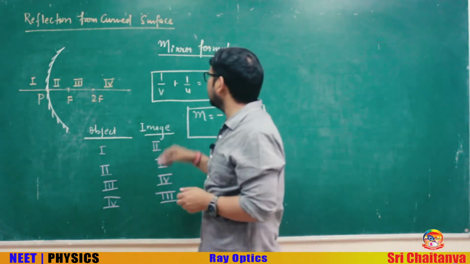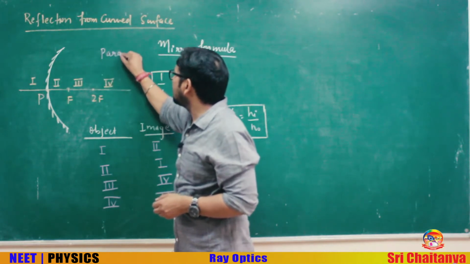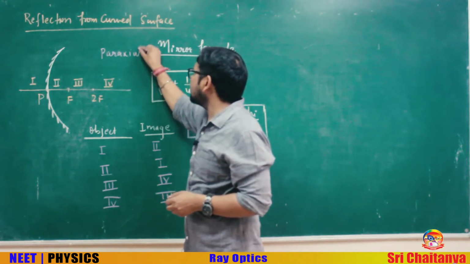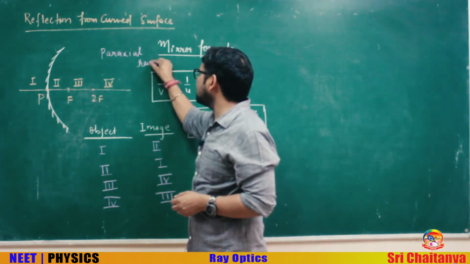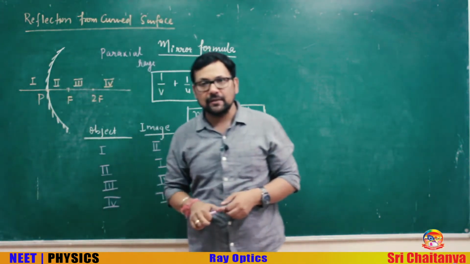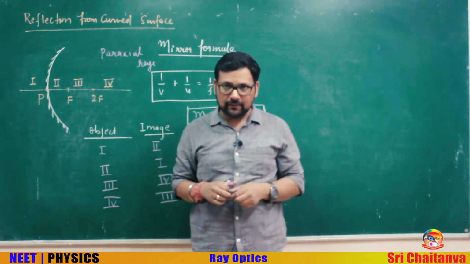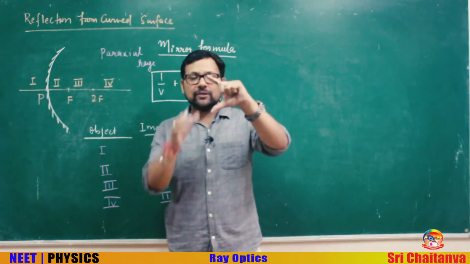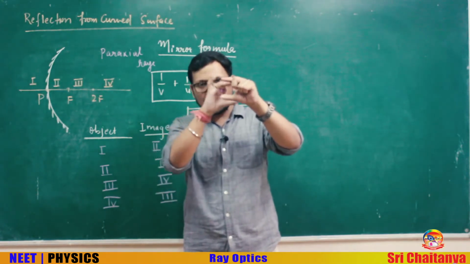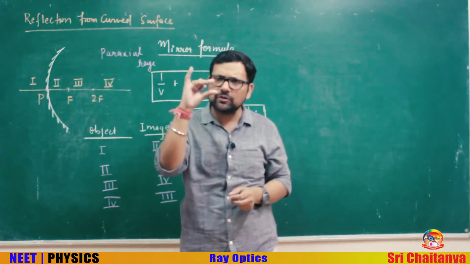Let me write it for you. Paraxial rays means the rays are very close to the principal axis. So to make all the rays paraxial, we actually decrease the aperture area of the spherical mirrors, smaller.